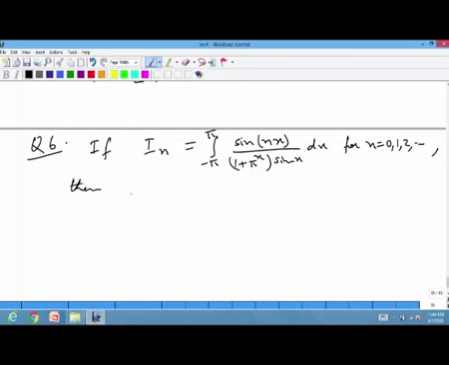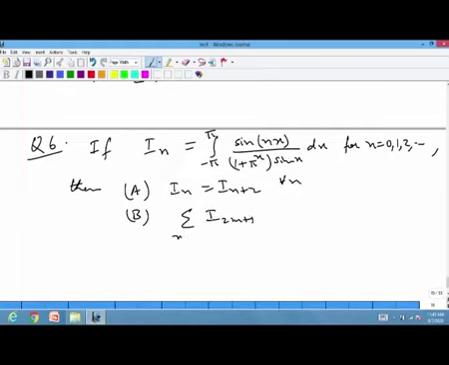Which of the following options are correct? A: I n equal to I n plus 2 for all n. B: the summation of I 2m plus 1 for m equal to 1 to 10 is equal to 10 pi.